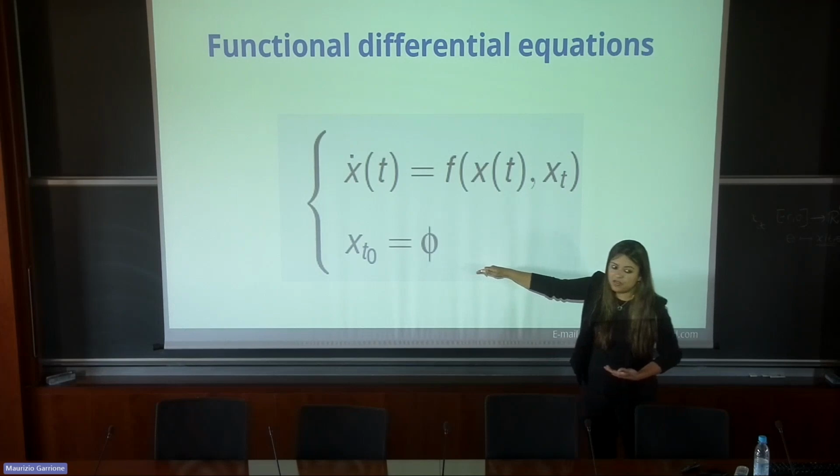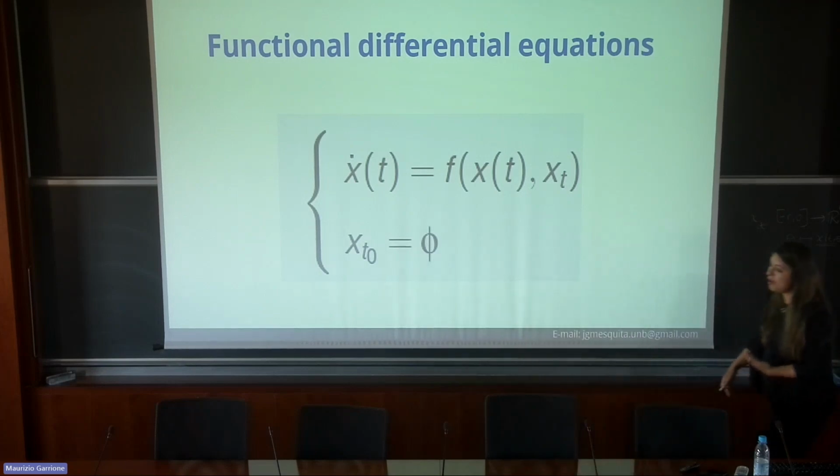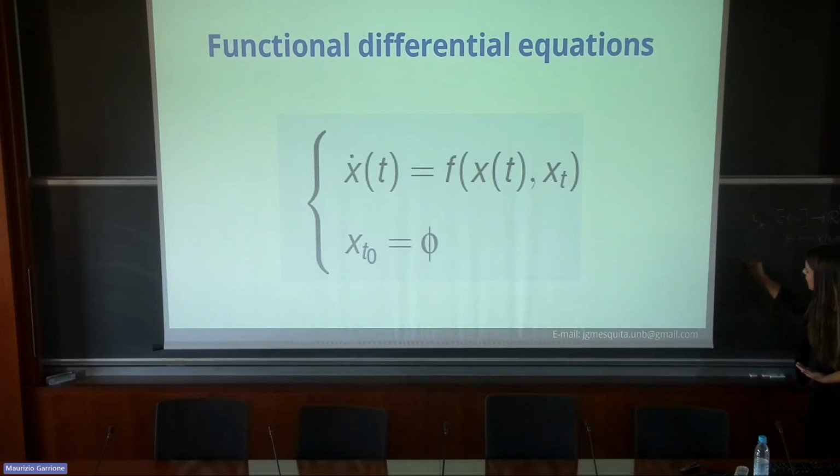And the initial condition that we have is also a function, so x_0(theta) is equal to phi(theta) for theta that belongs to [-r, 0].